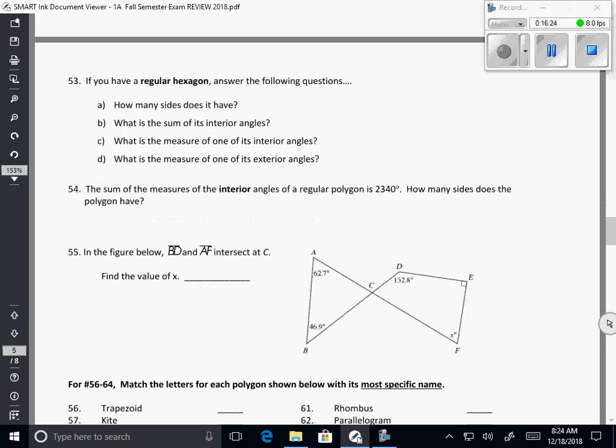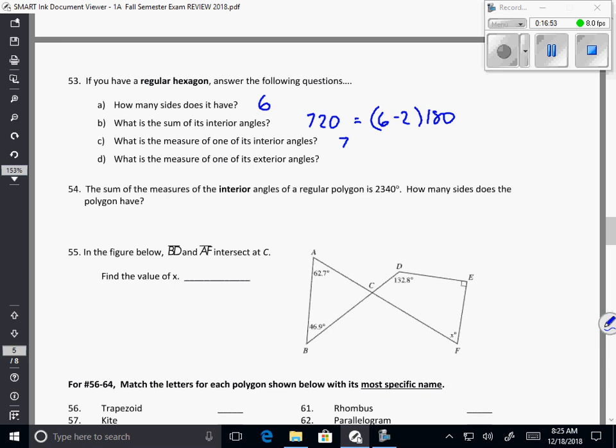All right, if you have a regular hexagon, answer the following questions. How many sides does a hexagon have? Good. The sum of the interior angles? 720. Where'd you get that? 6 minus 2 times 180. So the measure of one of its interior angles would be 120.